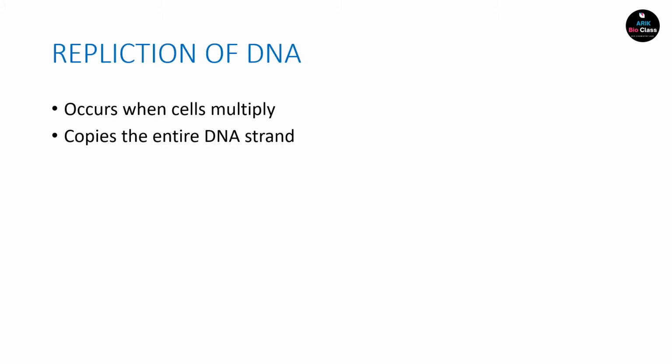Why is the replication of DNA required in the first place? Replication is basically a process which occurs when the cell multiplies. For example, we have discussed many times that there is a cell division process in biology.